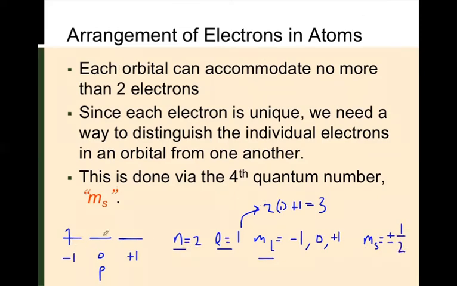Okay, so say we have these 2 electrons here. The quantum numbers for these are going to be the same more or less up until the MS value. So N is equal to 2, L is equal to 1, ML is equal to -1. Let's change the color.